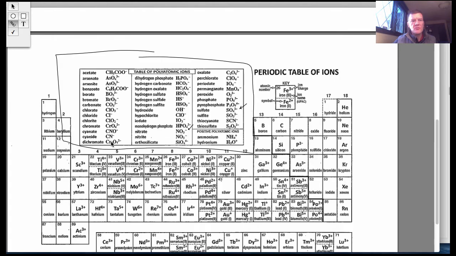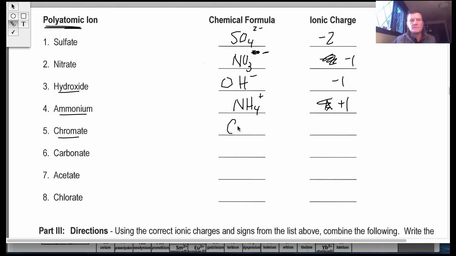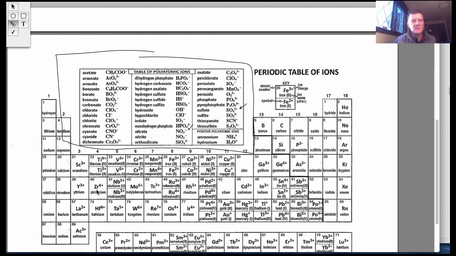Chromate right here is CrO4, and it has a -2 charge. Carbonate is CO3. It also has a 2 negative charge. Acetate, so one a little harder to remember, CH3COO. Sometimes it's written like that.